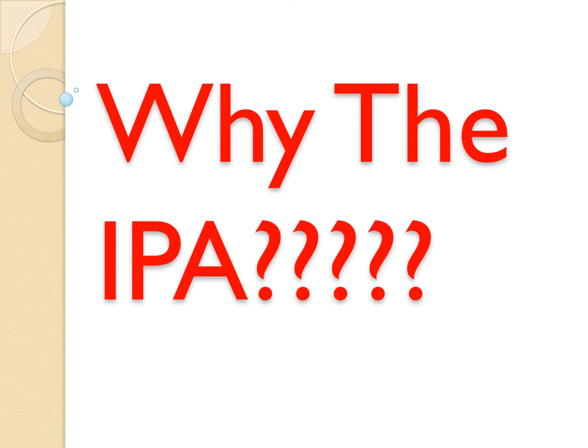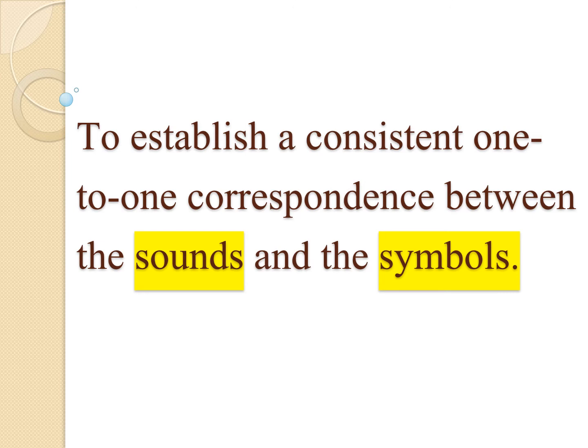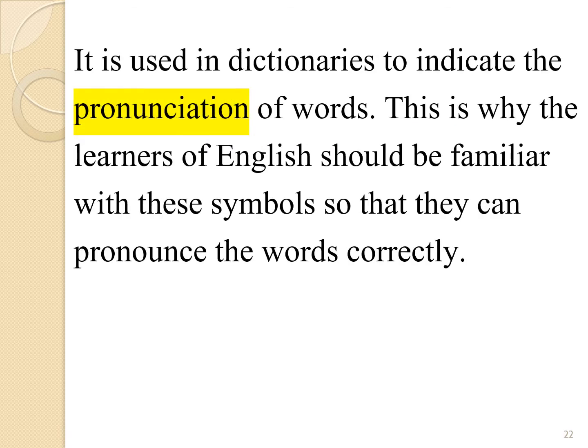Why do IPA? I've already talked about this. It's to establish a consistent one-to-one correspondence between the sounds and the symbols, which means that we have to provide a unique symbol for each distinctive sound. It is used in dictionaries to indicate the pronunciation of words.